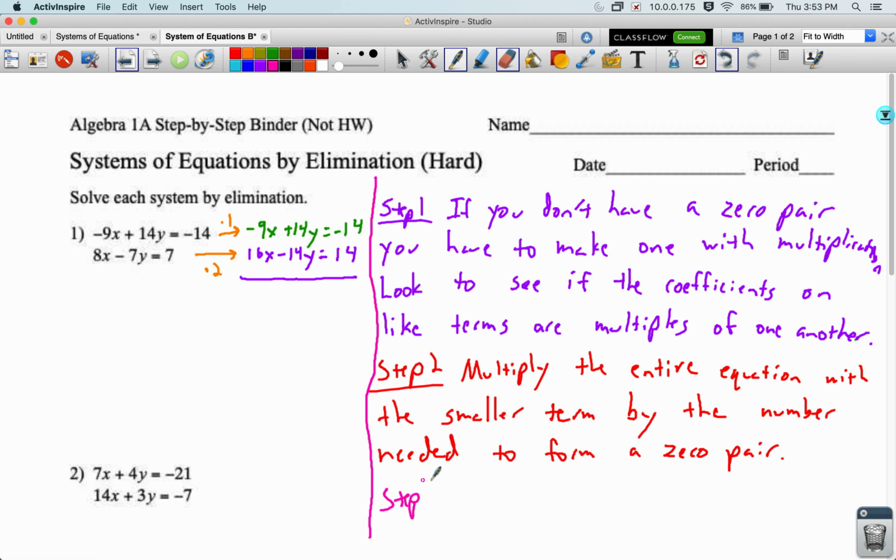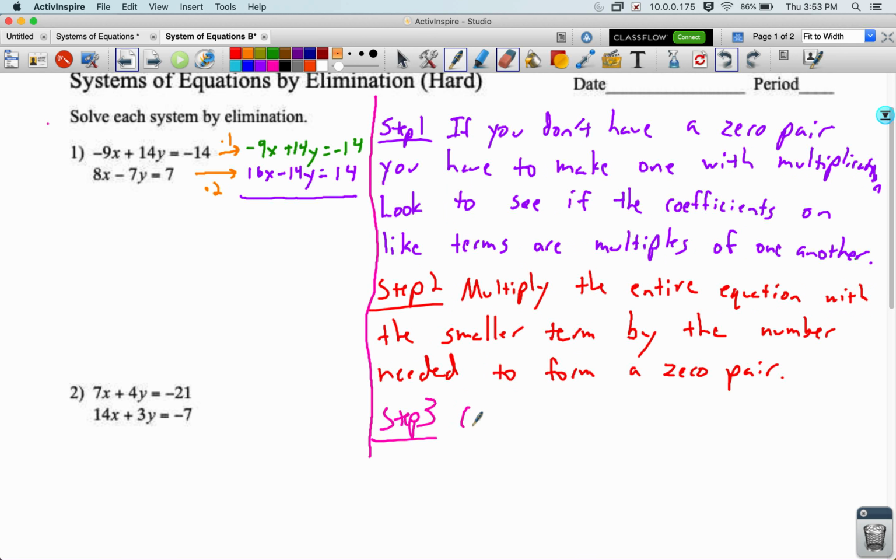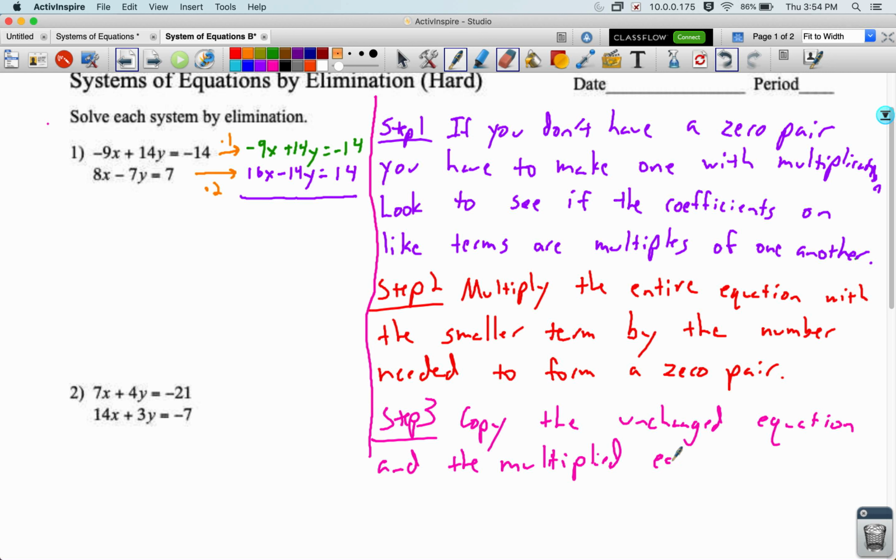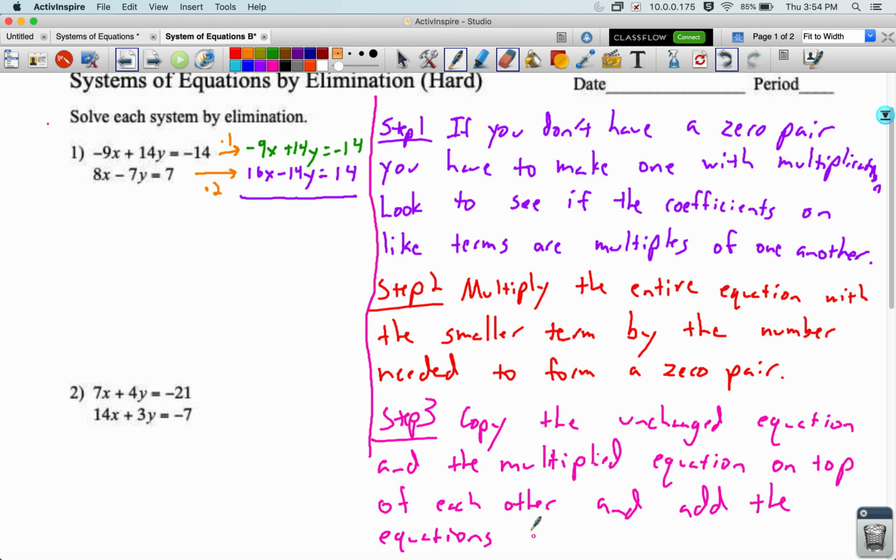So step 3. I'm actually going to write what I just did there. Copy the unchanged equation and the multiplied equation on top of each other, and add the equations together.